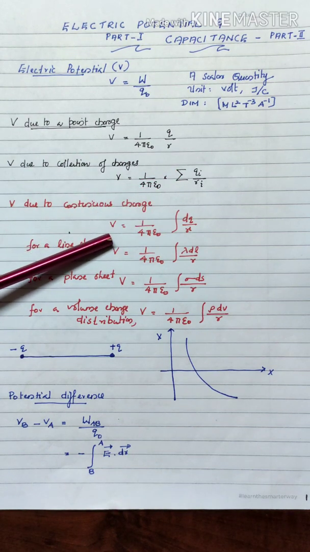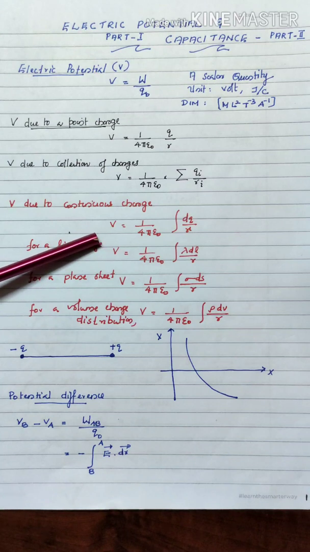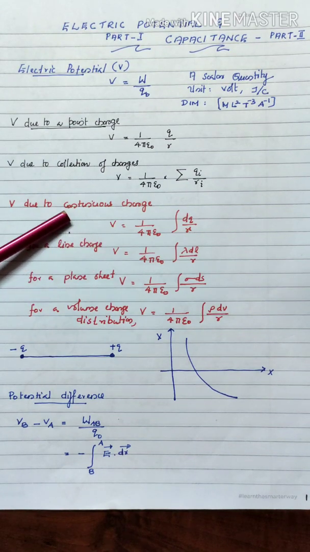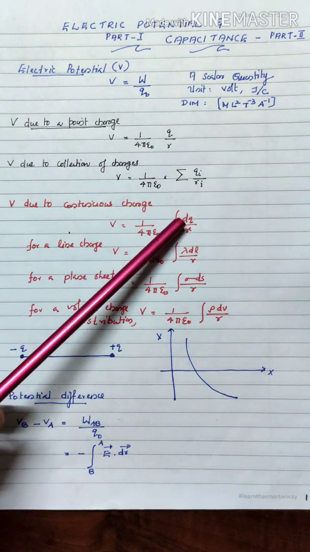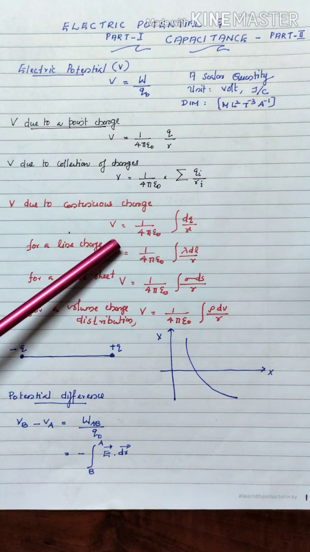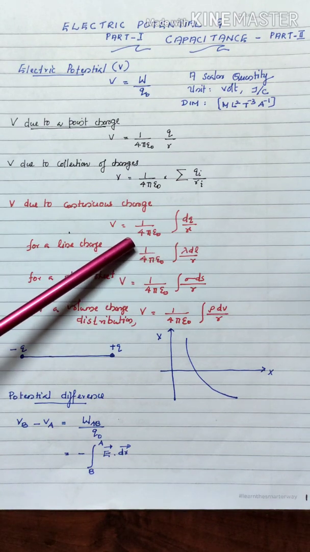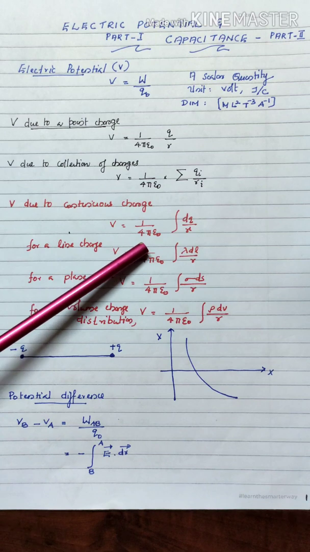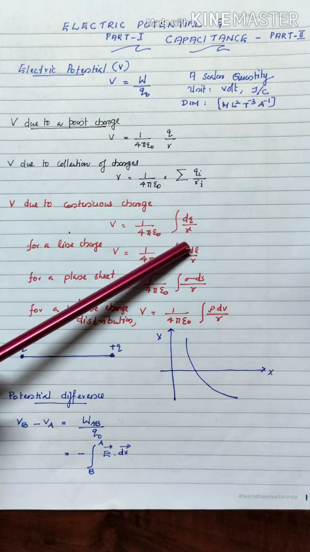Then we can link with the equation for potential for a continuous charge. Suppose that a small element has a charge of dq and is at a separation r from the point, then we can say 1 by 4 pi epsilon 0 integral dq by r.